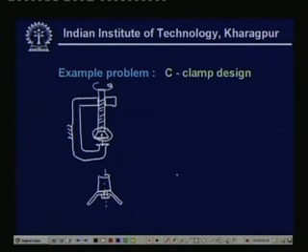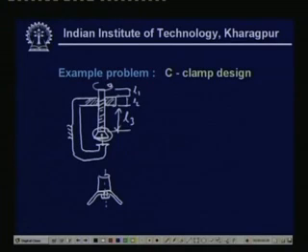Now, whenever we want to design, we have to concentrate on 3 portions, as is very clear. Let us call these portions L1 the length, this is the nut, the length of the nut let us say L2, and this part which we designate L3. Now, there will be several kinds of stresses.